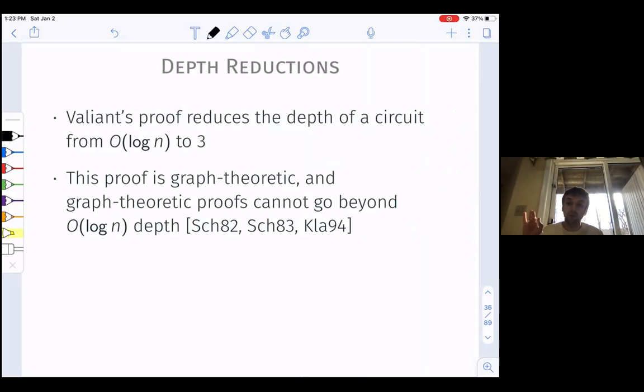It never looks at what is computed at any gate of the circuit. And it is known that such graph theoretic results cannot be generalized to circuits of depths larger than log n. Valiant's approach works really well for log depth circuits, but it probably cannot work for circuits of super logarithmic depth.